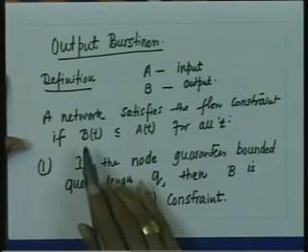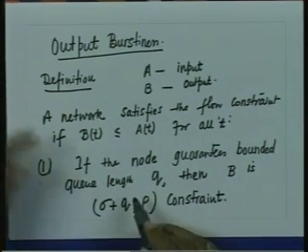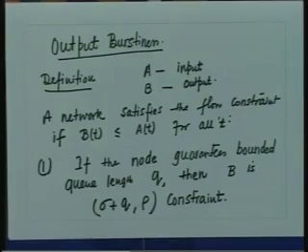So what we are saying is, if the node can guarantee the bounded queue length q, note that the node can guarantee the bounded queue length if it's a work conserving link and the input happens to be a rho sigma constrained traffic.